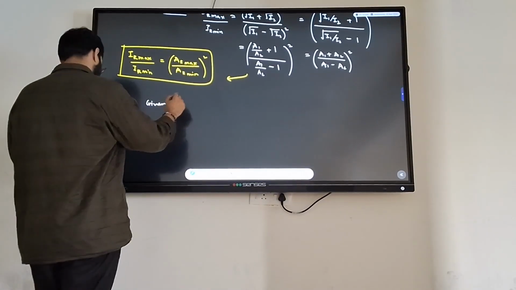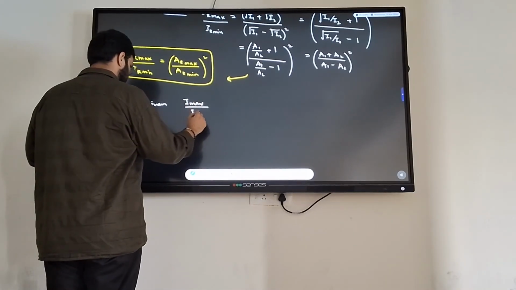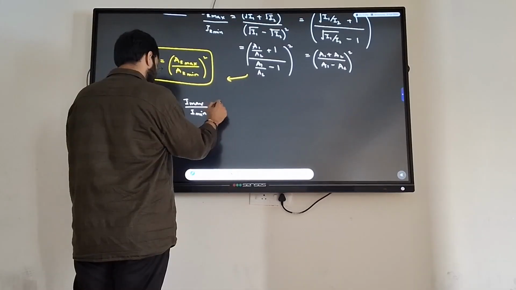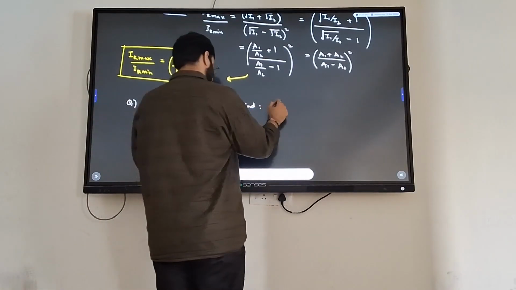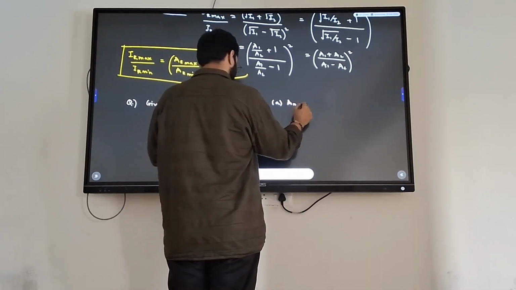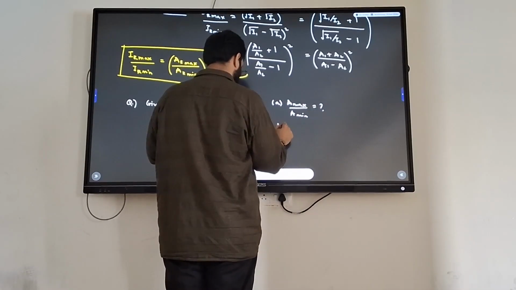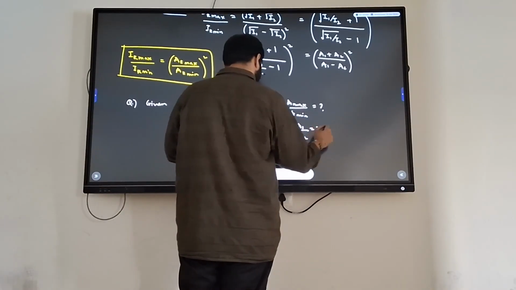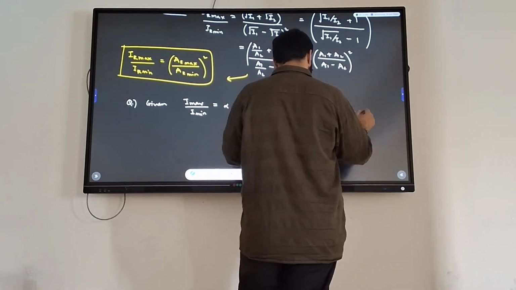Given I max by I min, that's basically IR max by IR min, is equal to alpha. Find A max by A min equal to what? Then A1 by A2 equal to what? And I1 by I2 equal to what?